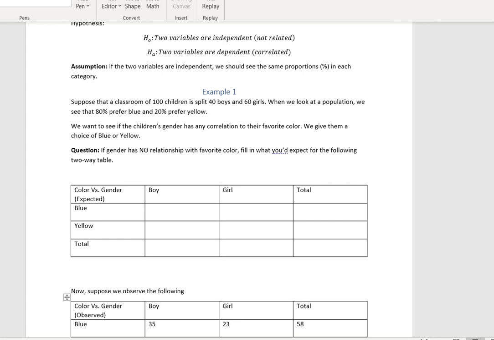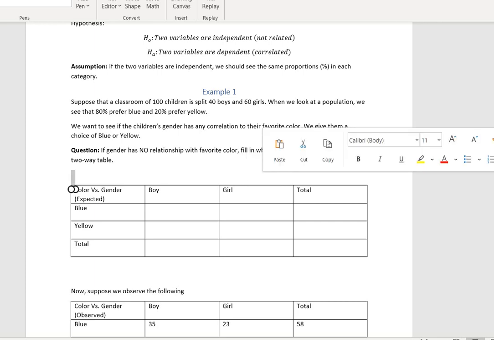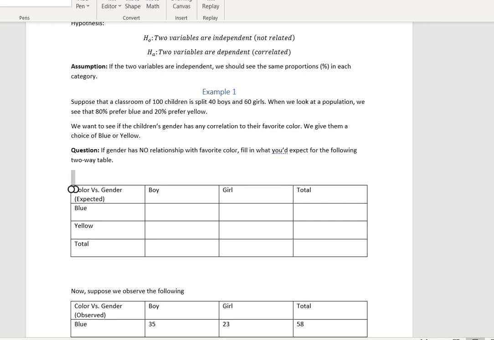First off, if gender has no relationship with their colors, what would we expect to see in the two-way table? What this says is that 80% of people prefer the color blue. So if 80% of people prefer the color blue, then what percentage of our boys should prefer the color blue?